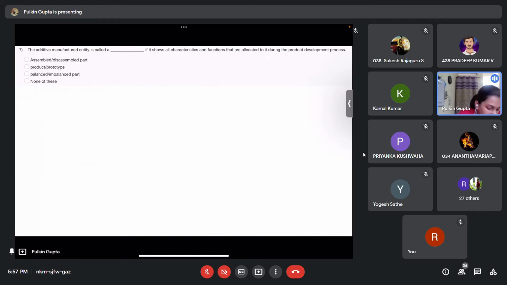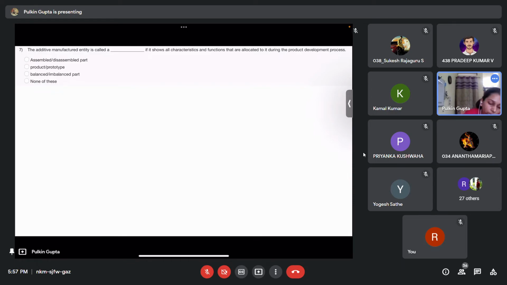The next question is, an additive manufactured entity is called a dash if it shows all characteristics and functions that are allocated to it during the product development process. Assembled or disassembled part, product or prototype, balanced or imbalanced part, or none of these.